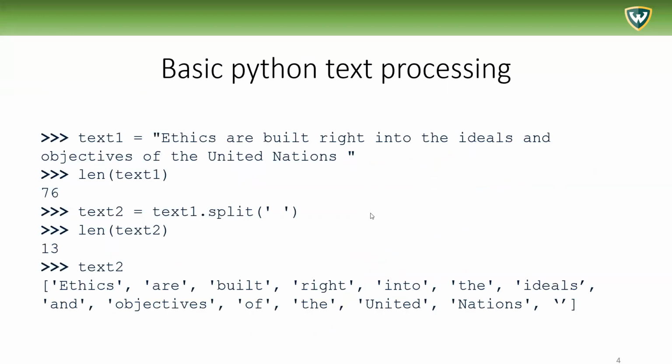So to review some of the basic Python text processing, let's follow the code here. Suppose you have this sentence, ethics are built right into, etc., the United Nations, close quotes. You see one single piece of string. We are loading it into the text1 variable. If we use the len function of Python, a primitive function, which refers to length, it's going to give you what?